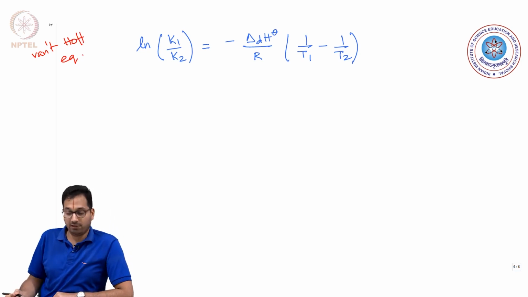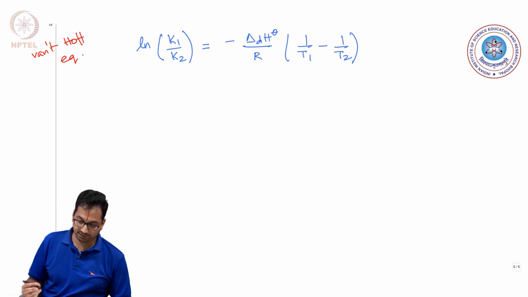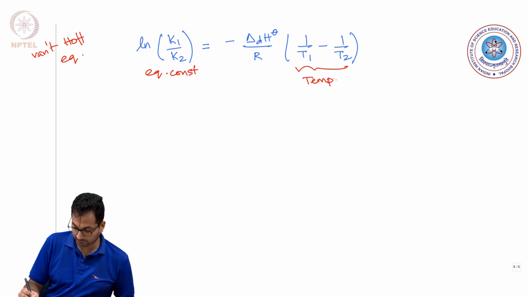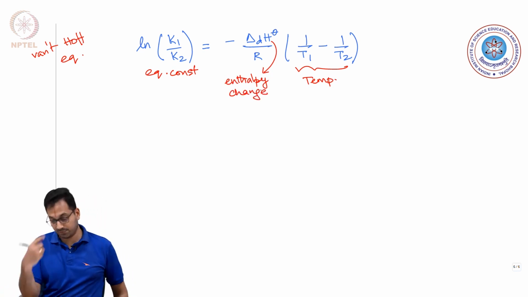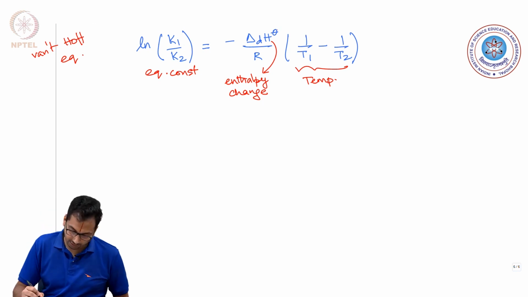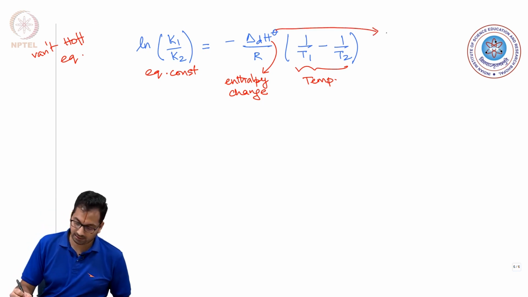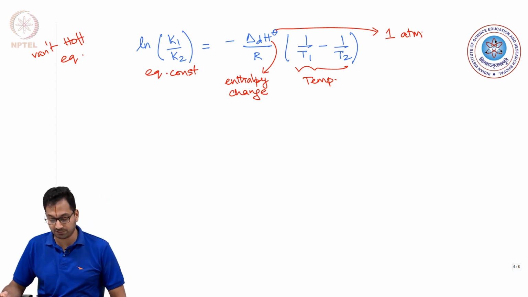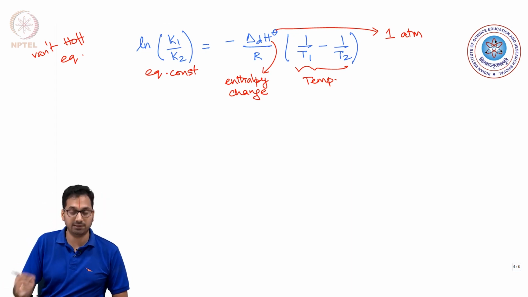Of course, this is under equilibrium conditions. One is able to understand that you relate the equilibrium constant to temperature, assuming the enthalpy change is a constant as a function of temperature. This is the assumption under which this has been derived, and the knot here indicates that it is done under 1 atmosphere pressure. This does not indicate temperature as a constant, because you are indeed varying the temperature.